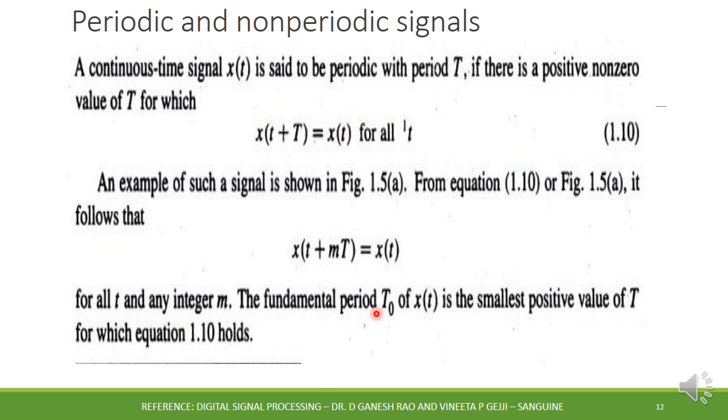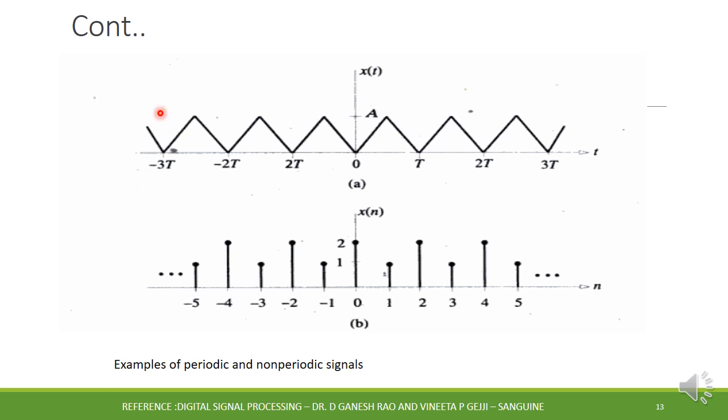The fundamental period T0 of x of t is the smallest positive value of T for which equation 1.10 holds. So don't worry about this; I am not explaining it once again, because when you see this figure, it is easy to understand.